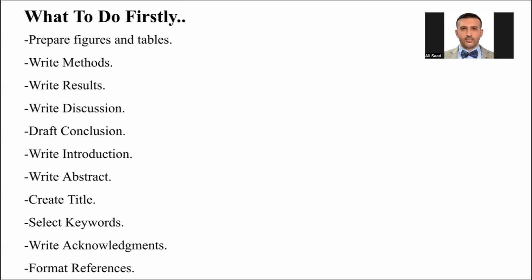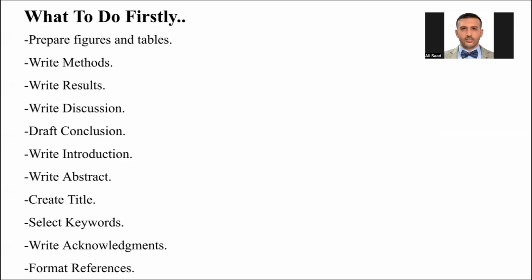So this is my sequence in doing the paper, but you don't need to stick to it. It is just advice and nice-to-know information. I prepare figures and tables first, so they will be very visually attractive for reviewers. Then I write the methods, which I had also written during writing the protocol for the study.